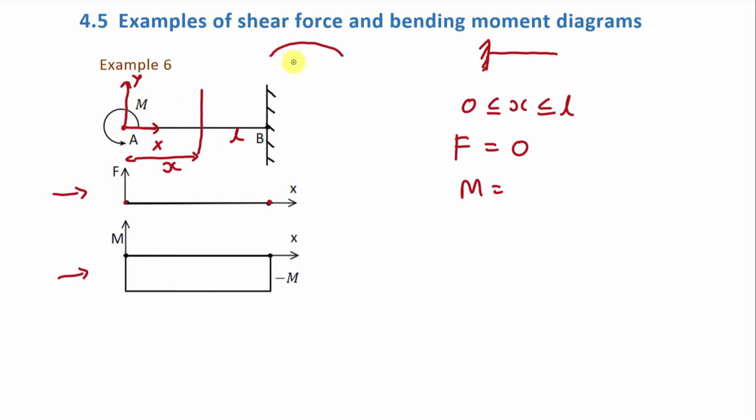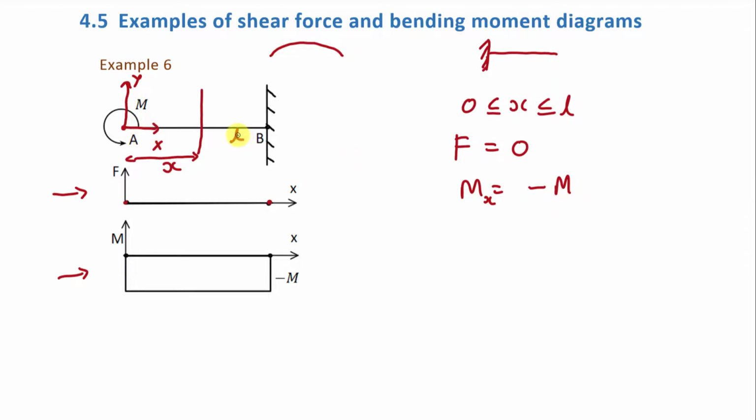So there will be hogging in the beam and we will take this bending moment as negative. So the value of bending moment will be negative M. Here you may be confused that M is equal to minus M. Here let's say this M is Mx. So bending moment in the range of 0 to L will be minus M. And it will be constant throughout this length.